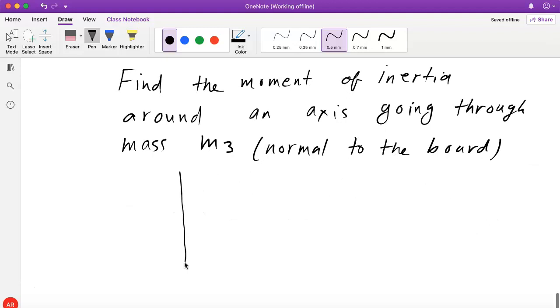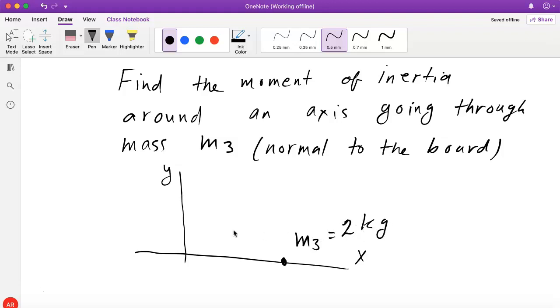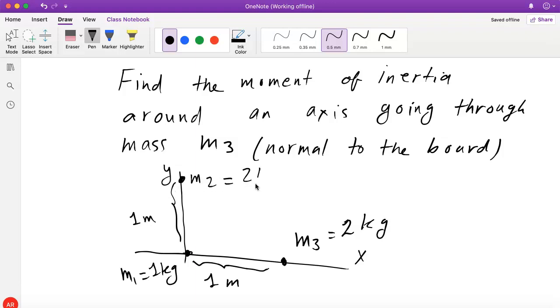So we have an xy coordinate system. We have a mass m3 here, which is 2 kilograms. And this distance is 1 meter. We have a mass m1 here, that's 1 kg, sitting at the origin, and let's say a mass m2, again this is 1 meter, and that's again 2 kilograms.